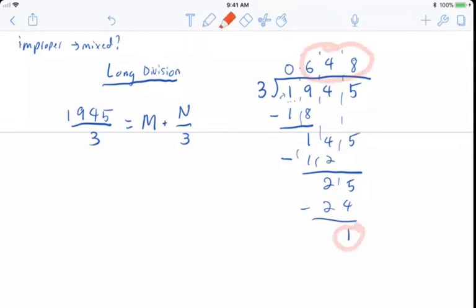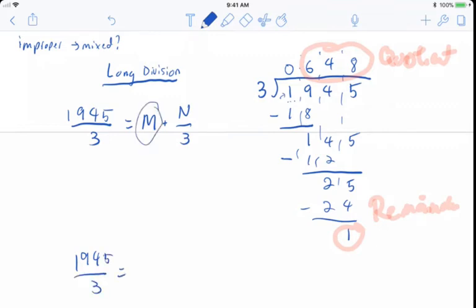This is called the quotient, and this is called the remainder. So the procedure goes: 1945 over 3, the quotient replaces that, 648 plus 1 over 3. And that's how long division works.